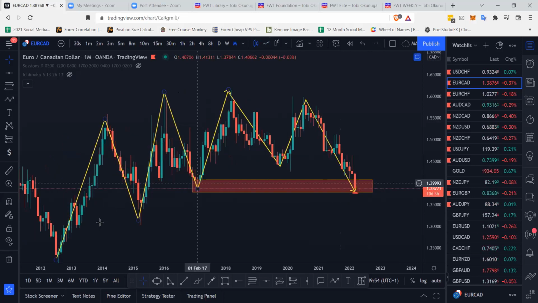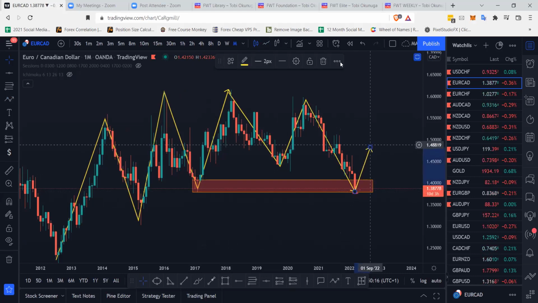Okay, based on this guy, this zone is a demand zone. So if it's a demand zone, we're expecting a reaction here. Because we know that price is in a downtrend, the next possible move is a retrace, a correction into this place.